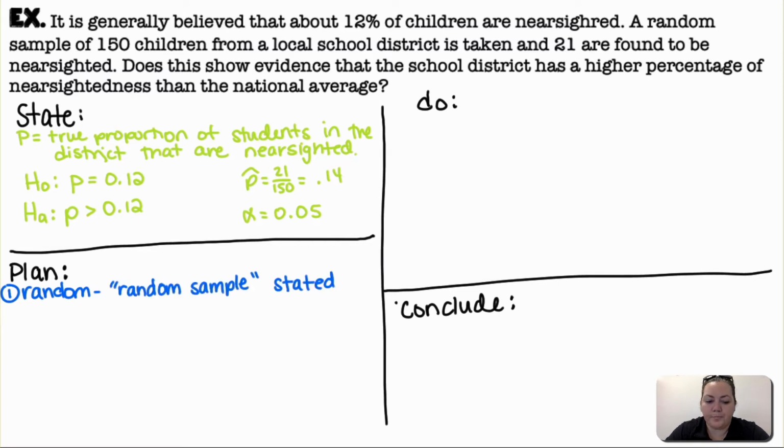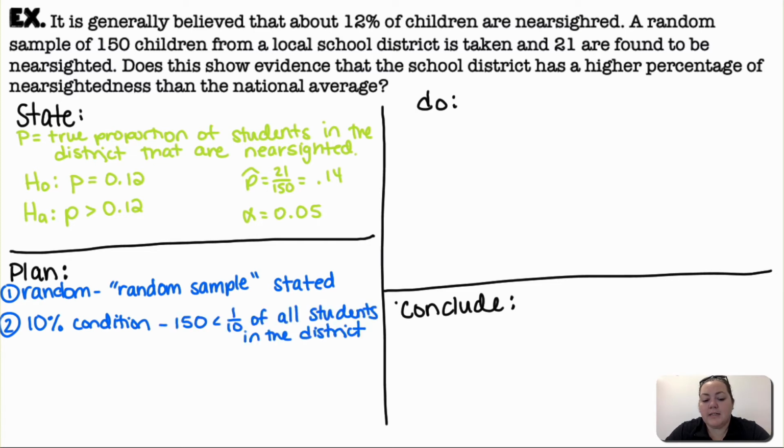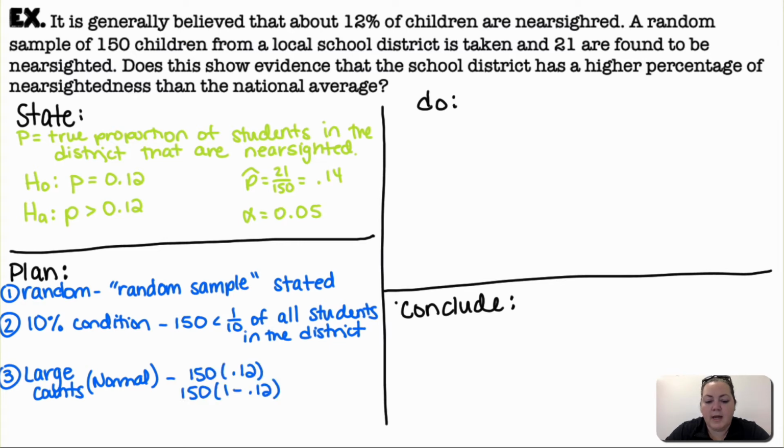Random: they said they took a random sample. The 10% condition: 150 is less than 1/10 of all students in the district. And then large counts, or our normal condition: n times p has to be greater than or equal to 10, and n times 1 minus p has to be greater than or equal to 10.